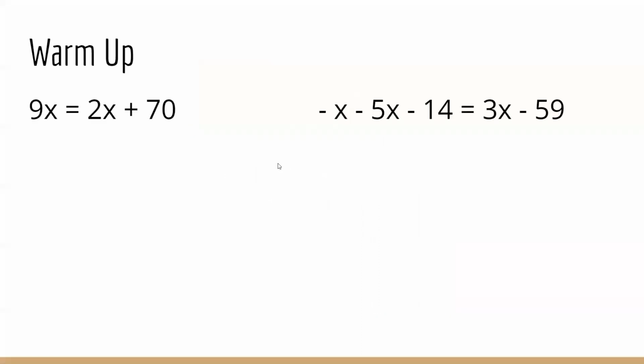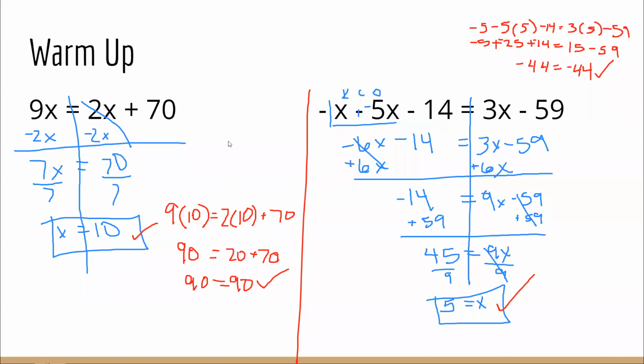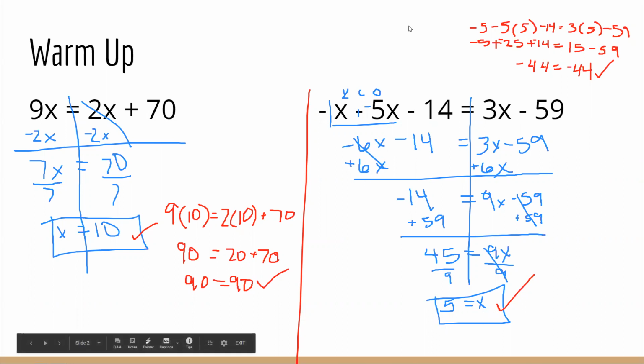So let's do a quick review and just a quick warm up over these two problems. Go ahead, pause the screen, solve for x. This is just going to be a quick refresher over what we did yesterday. For the first equation, you should have gotten x equals 10. Second equation was a little bit more difficult, but you should have gotten x equals 5 at the end of that one.